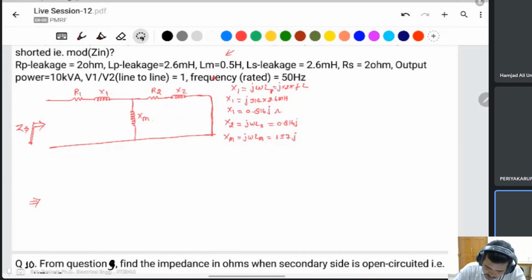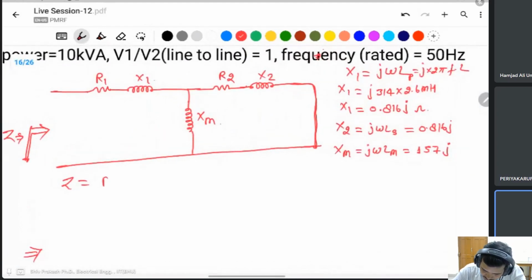Then Z, the impedance, is R1 plus j omega L1.